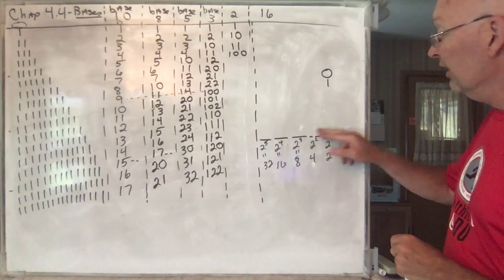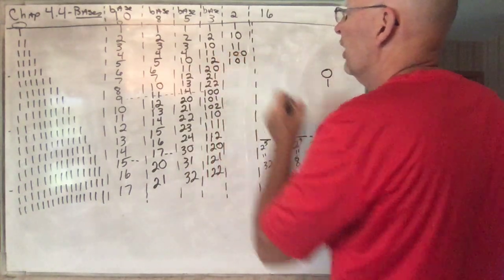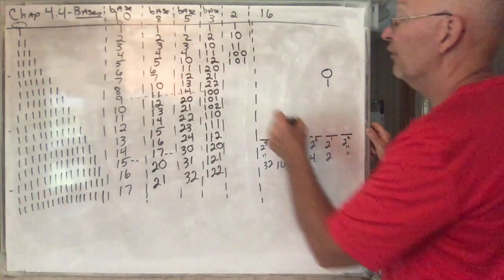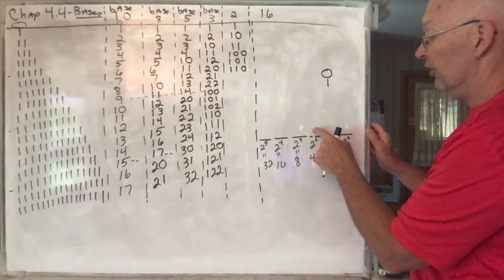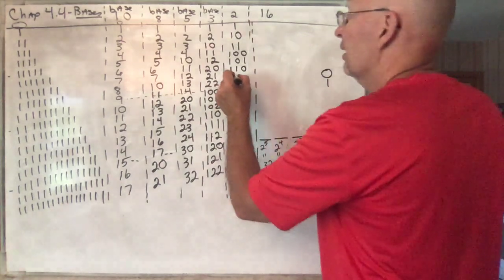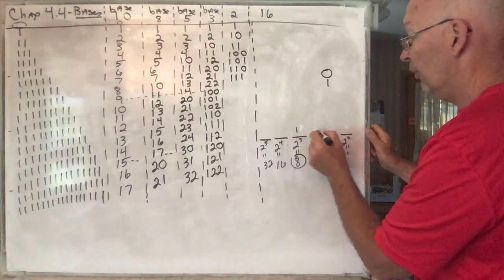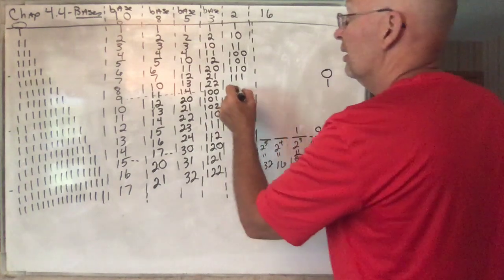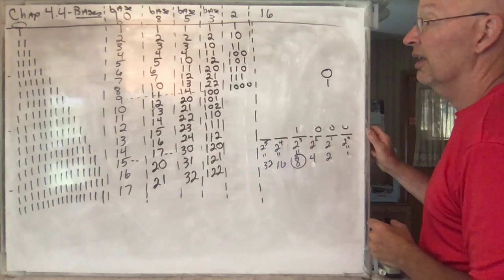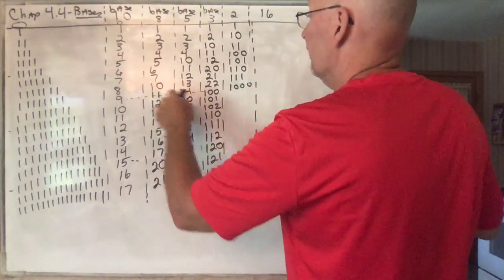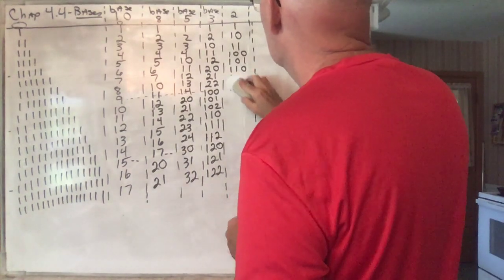So it's going to be a 1 here, a 0, and a 1. So 5 is going to be 1, 0, 1. 6 is going to be a 4 and a 2. 7 is going to be a 4, a 2, and a 1. 8 is going to be what? 1, 0, 0, 0. Like that. Oops, I'm getting off, aren't I? Should have given myself a little more room here.